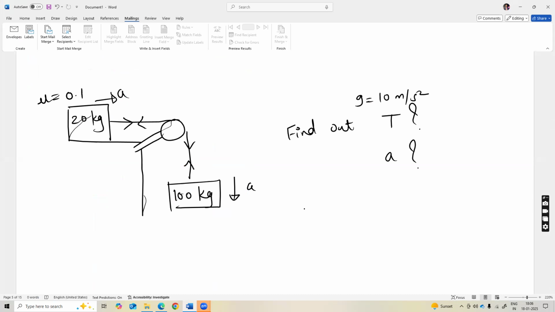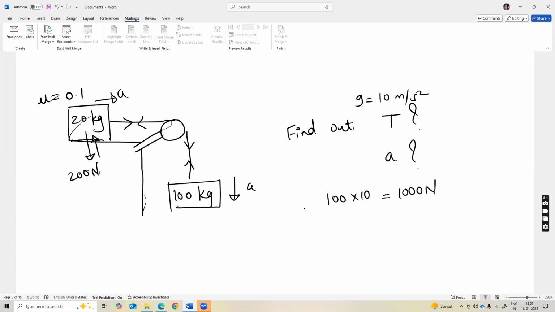So first, what we do in this case is find out the net force acting on the system. There is the weight of this 100 kg block acting downwards, that is 100 into 10, equal to 1000 Newton. And then there is frictional force acting here. Since this block is 20 kg, there is a weight of 200 Newton acting downwards.